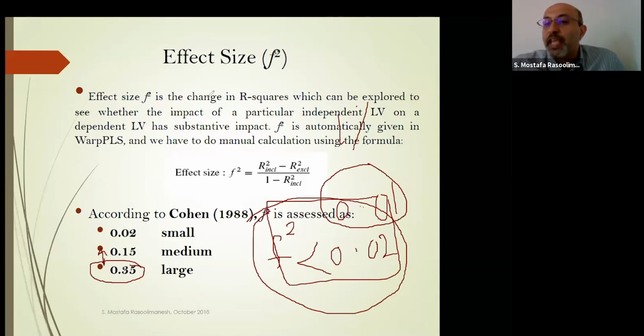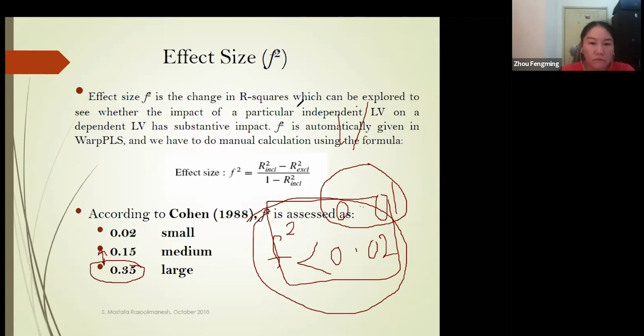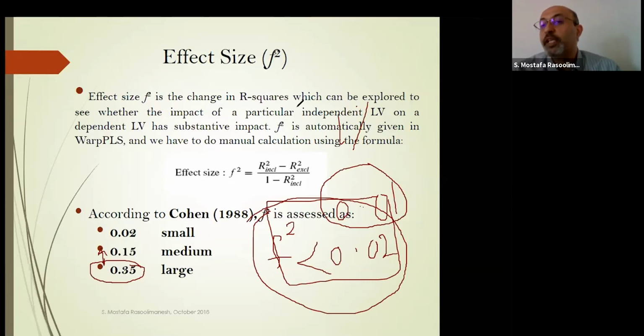So x1 cannot contribute to variance of the dependent variable, and we cannot accept the effect of x1 on y, right? Beside the path coefficient, this is a very important criterion for assessment of a structural model.